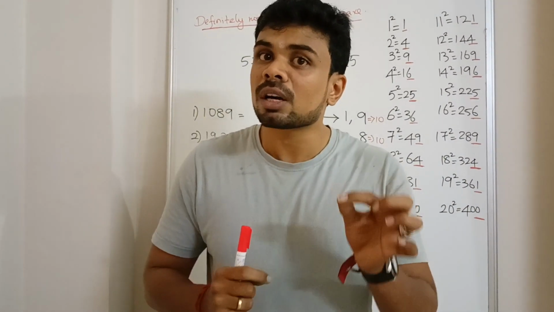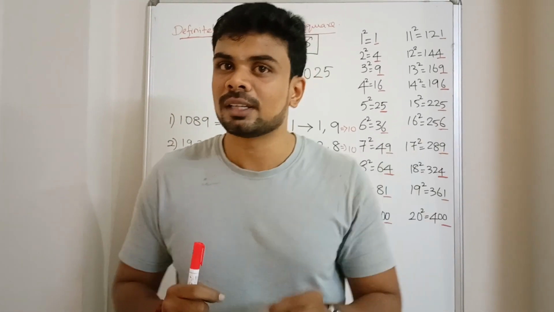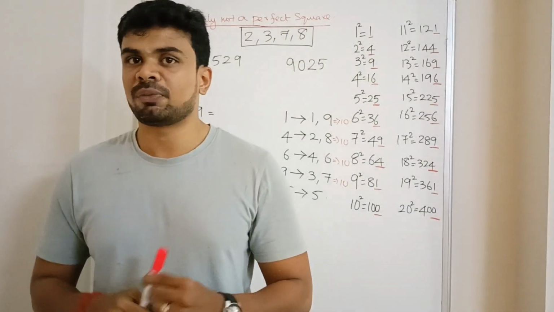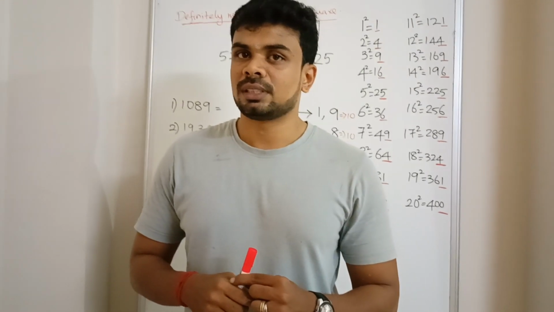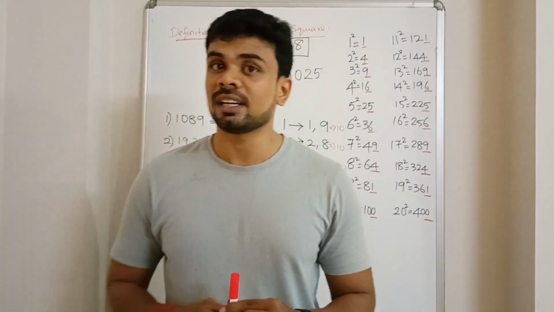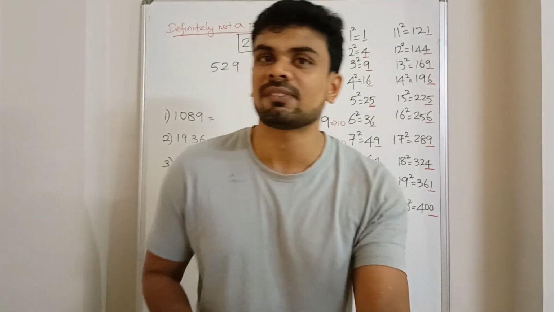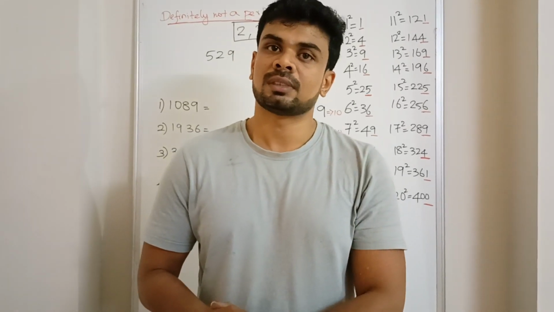So see guys, if I am asking the companion numbers of 1, you know 1 square is 1. So what number should I add with 1 in order to get 10? 9. So 1 and 9 are companion numbers of 1. If I take an example of 9, 3 square is 9, I should add 7 with 3 to get 10. So 3 and 7 are companion numbers of 9.